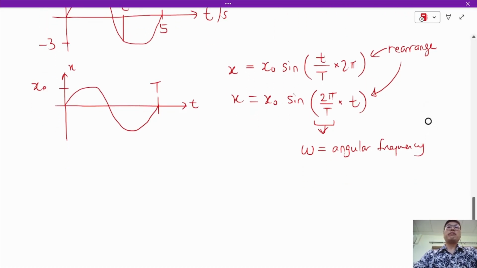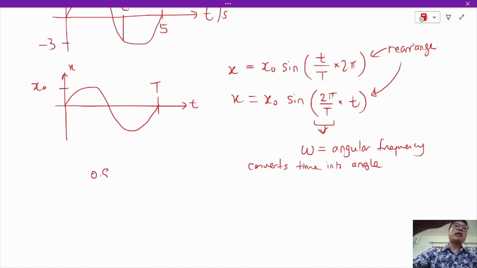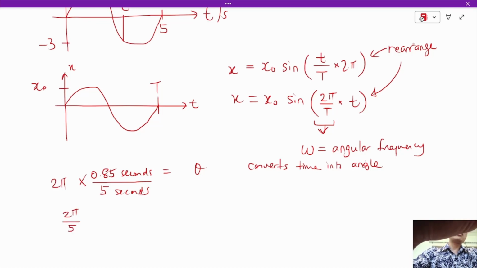Now, what is angular frequency? It is a conversion factor. It converts time into angle. So if you want to find out what is 0.85 seconds in terms of angle, all you've got to do is take 0.85 divided by the 5 seconds, and then multiply it by 2 pi. So basically 2 pi divided by 5 times 0.85 seconds gives you the angle.